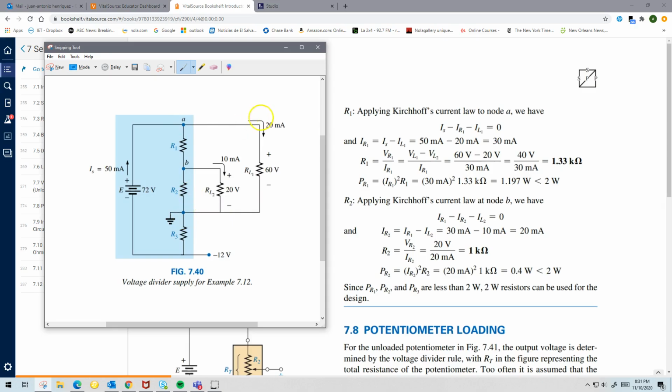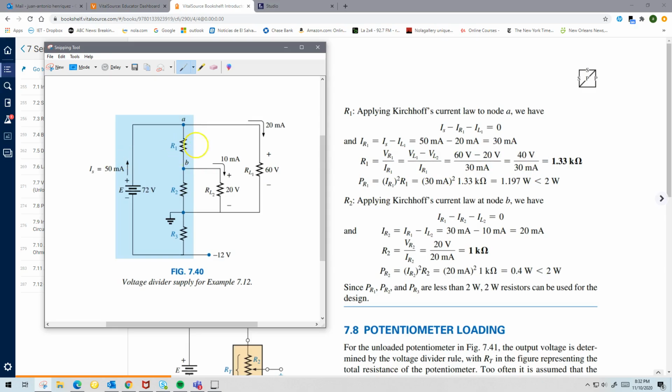From A to ground is the same voltage on the right-hand side across RL1, the load 1. So VA, or VL1 we should say, is 60 volts. And then this voltage at B, VL2, is 20 volts. So the difference of voltage between A and B is 60 minus 20, which is what you have here. And that gives you your resistor R1.